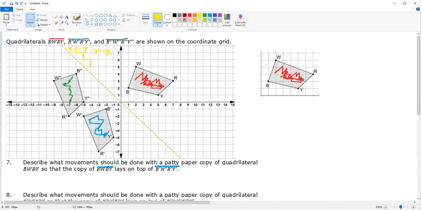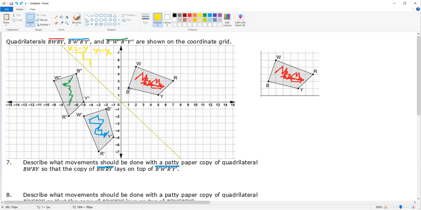Flip it vertical, won't match. Since they just happened to give me this line right here, I bet it's a reflection about that line.